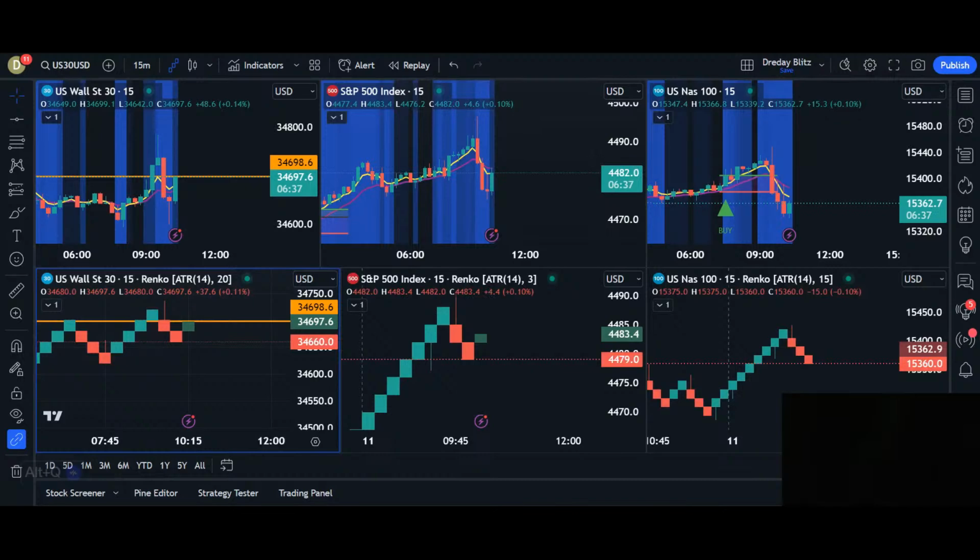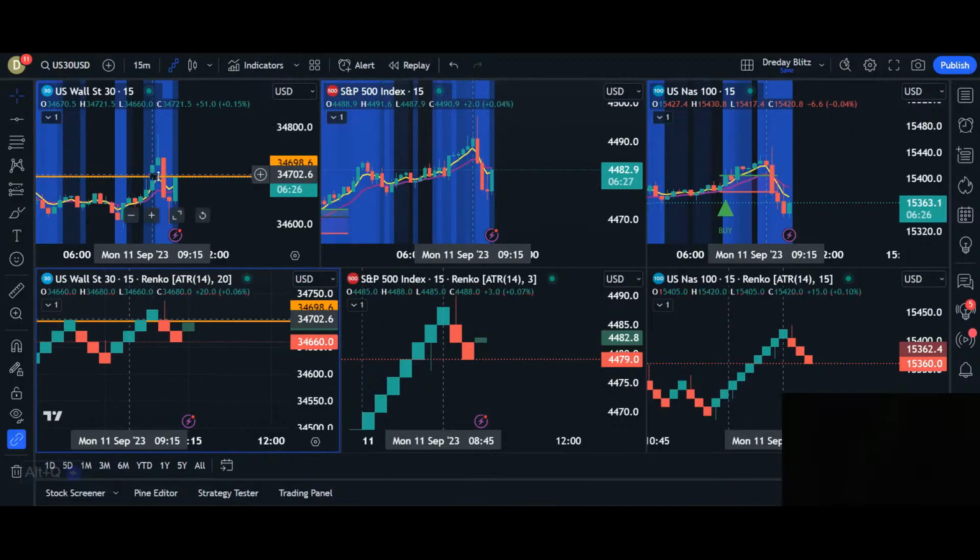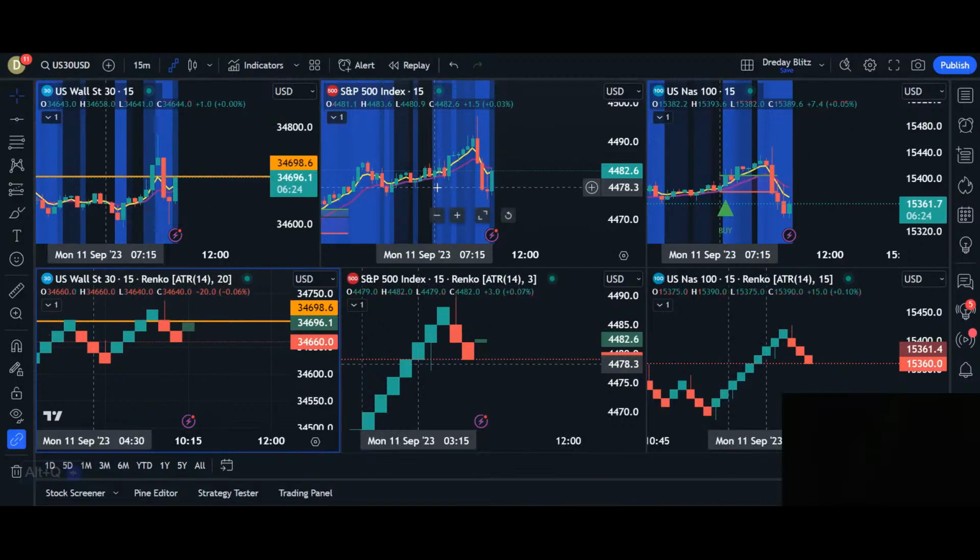If you were on the sell on US 30, it may have already taken out your position, because based on my line, this is where we had our stop loss taken.